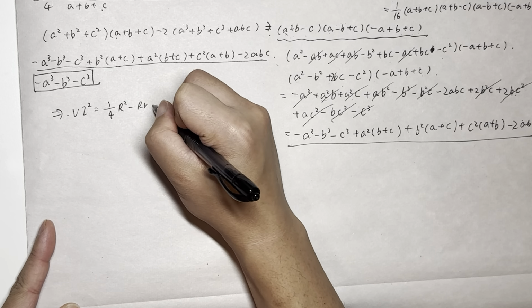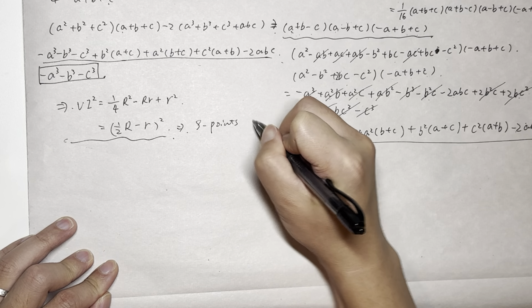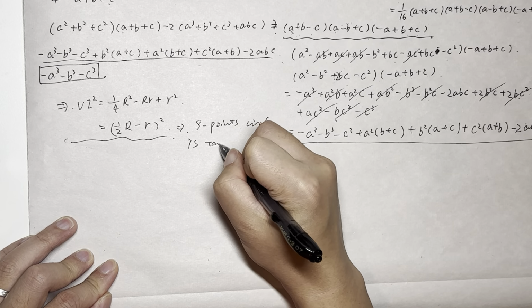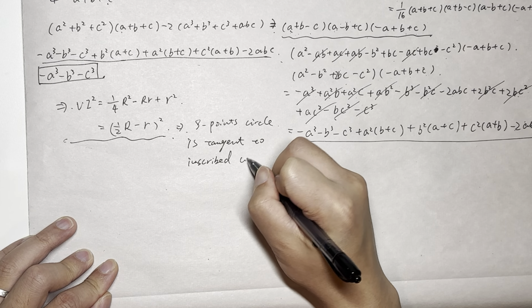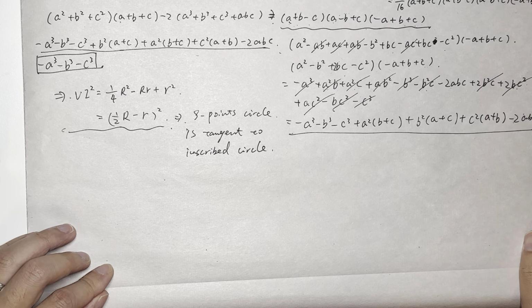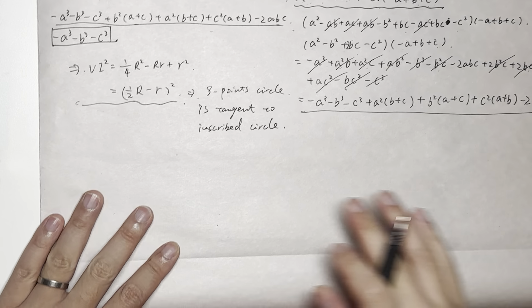So this means that the 9-point circle is tangent to the inscribed circle, right? Okay, that's just half of the work.